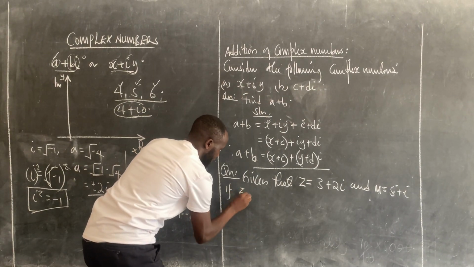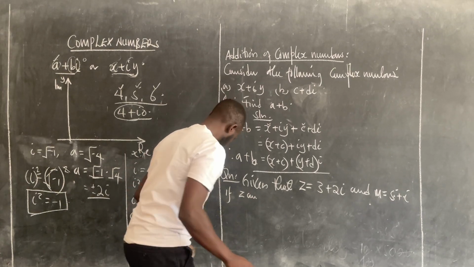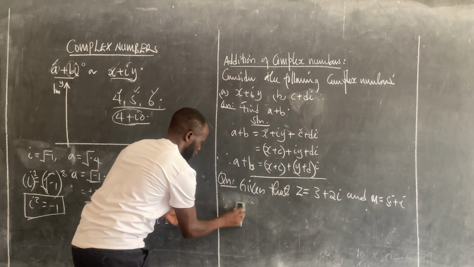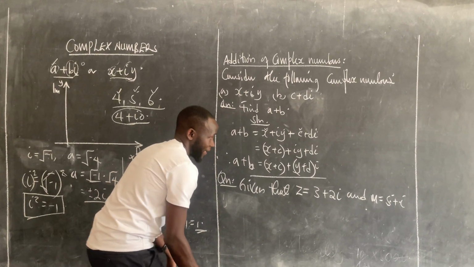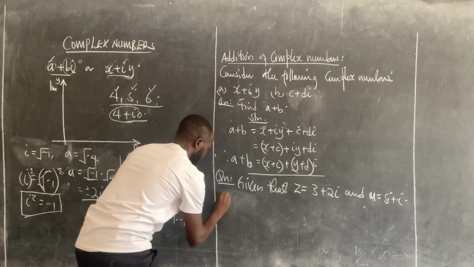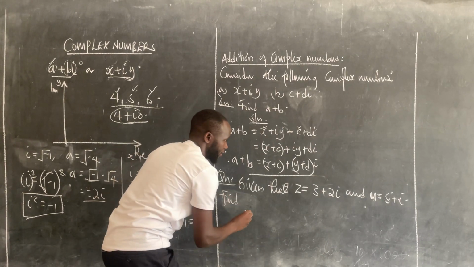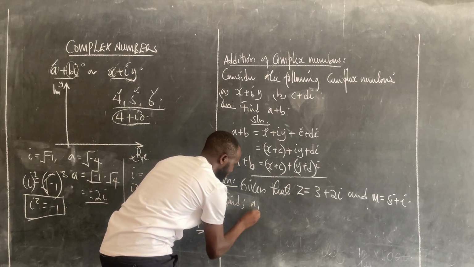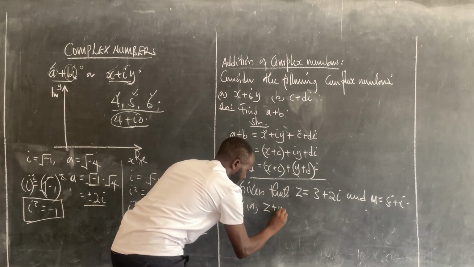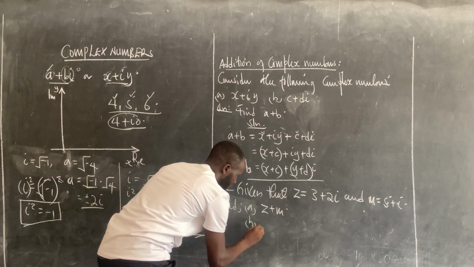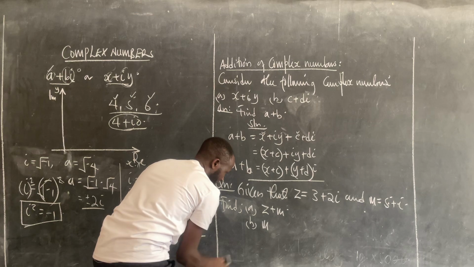Let's just say m equals 5 plus i. Find part A, z plus m, and part B, m plus z, which shall be the same.